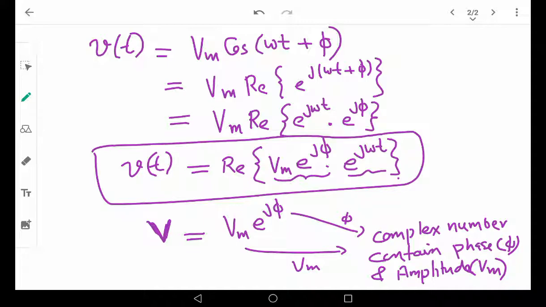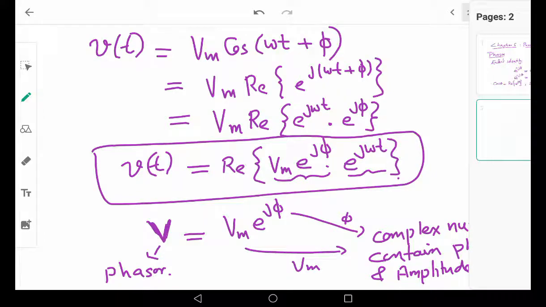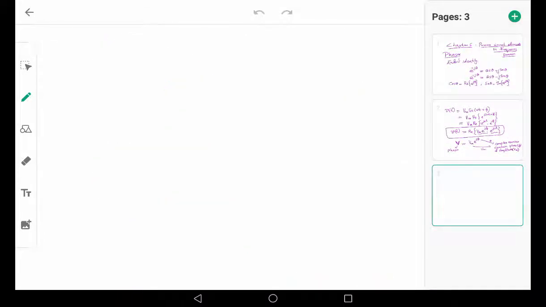So this particular expression, which is a complex number, contains information regarding the phase as well as amplitude, but it does not specify anything regarding the time domain behavior of the signal. That is called a phasor. Understand?